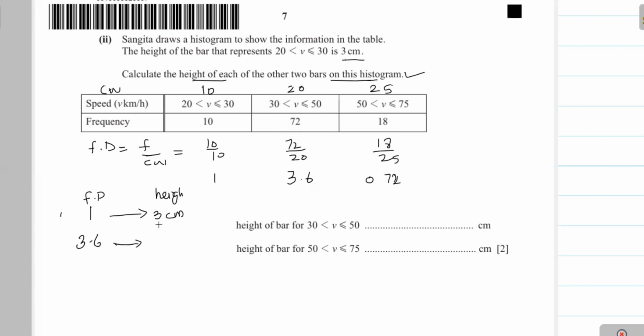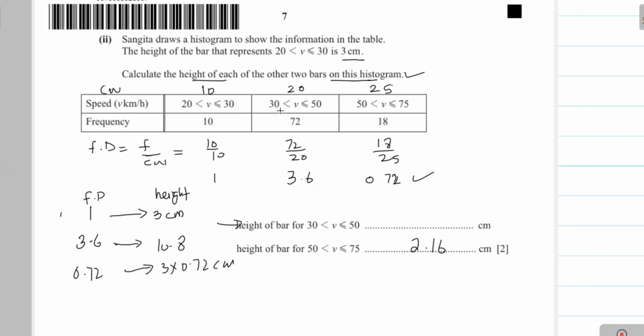When the frequency density is 3.6, the height will be equal to 3 multiplied by 3.6, and this will be equal to 10.8. And the next height, for the frequency density 0.72, will be equal to 3 multiplied by 0.72, which is 2.16. Therefore, this height will be 2.16 centimeters.